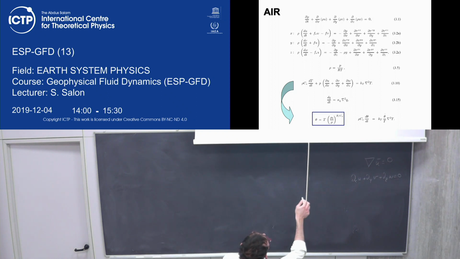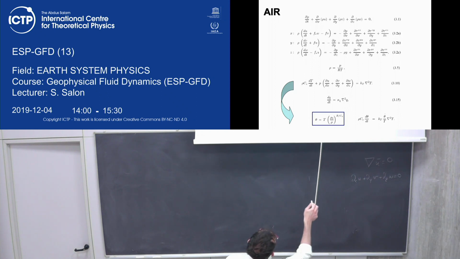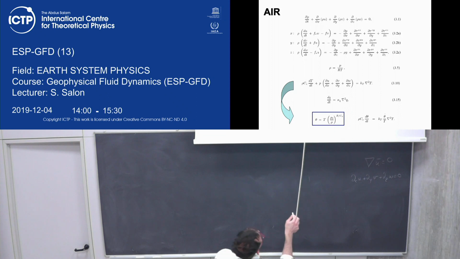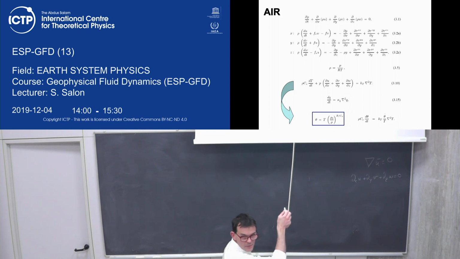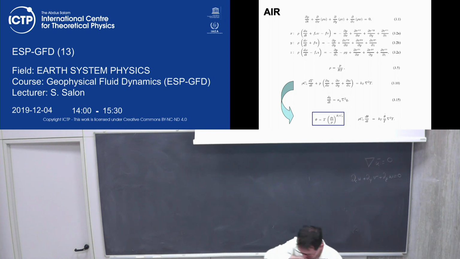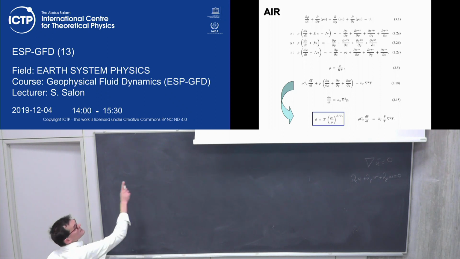If we go here, we now have to look at what happens to the stress tensor, and then we will analyze this term here, which is the most important one for the Boussinesq approximation. Let's take, for example, the x component.